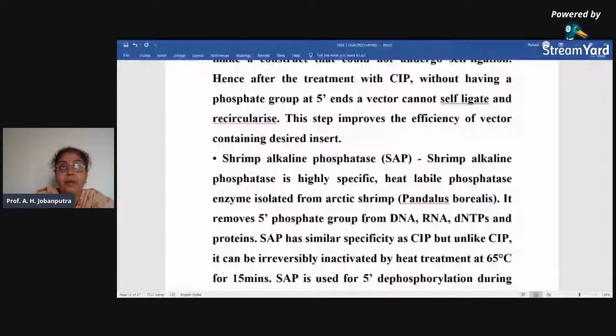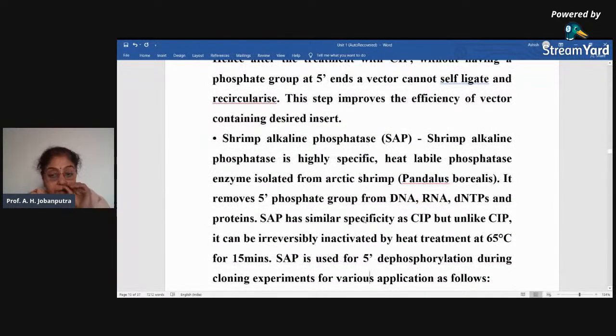It removes phosphate from 5' end of DNA, RNA, dNTPs as well as proteins. SAP has similar specificity like calf intestinal alkaline phosphatase, but one difference is there that calf intestinal alkaline phosphatase can be irreversibly inactivated by heat treatment at 65 degrees for 15 minutes. पण सॅप्स हीट सेन्सिटिव्ह असल्यामुळे तो हीट ट्रीटमेंटने इनॅक्टिव्ह होऊन जाईल.